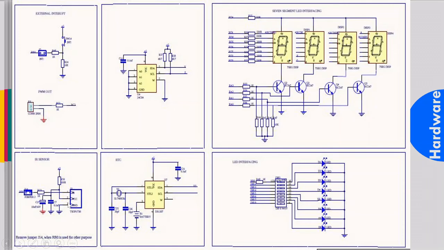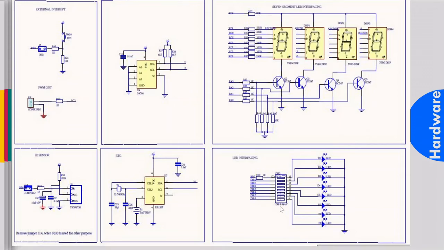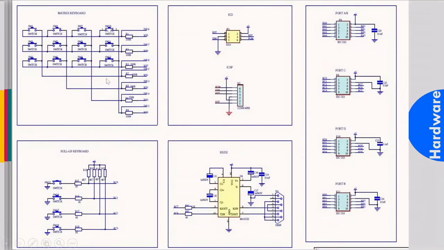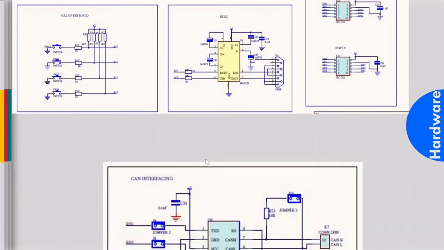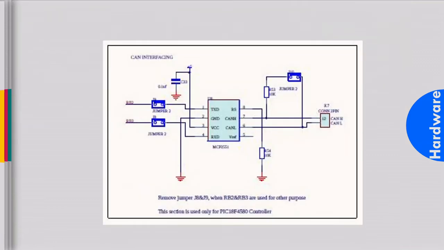There is an IR sensor and RTC IC. Then there are some LEDs. There is a keypad. There is one option for programming. Then there is the RS-232 protocol. Then there are some input keys. So we are going to use all these peripherals in our labs. So this is the total schematic of your development board.